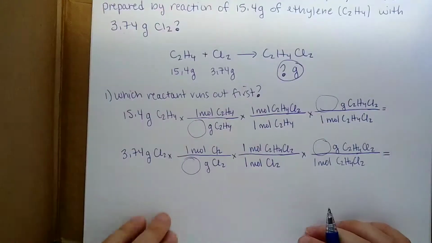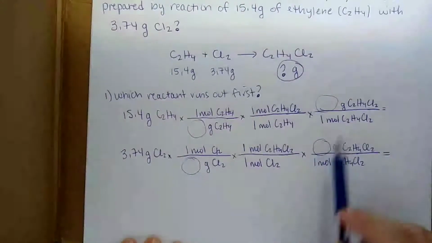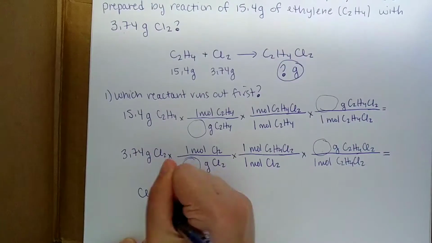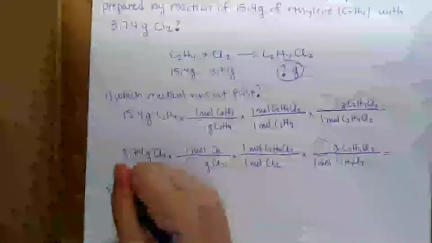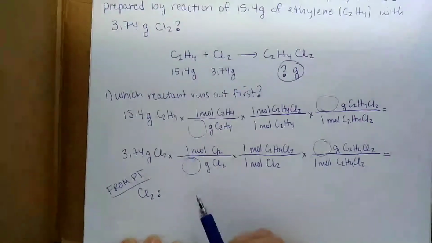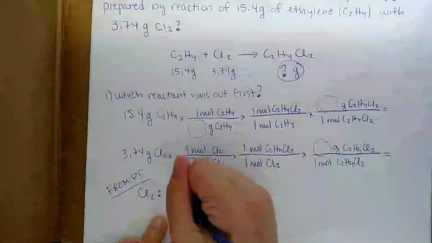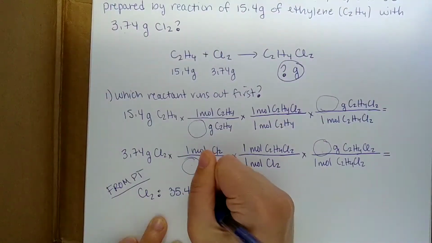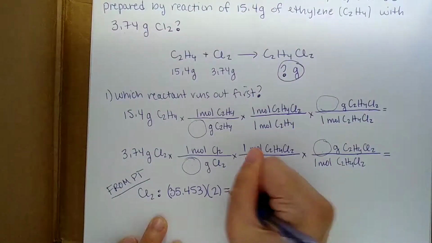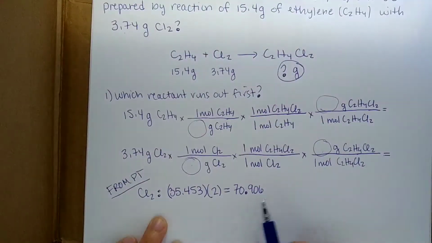Okay, so let's figure out these missing values here. We need to come up with the molar masses of all of these things. Let's start with the Cl2 just because it's easier. This is all, once again, from our periodic table. I don't have one here in front of me; I solved for it ahead of time. So for Cl2, the mass of chlorine from your periodic table is 35.453, and there are 2 of them, and that works out to be 70.906.